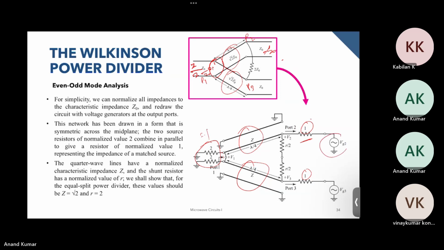We have added some voltages VG2 and VG3 over here for analysis. This particular resistance was 2Z0, and after normalizing it became 2.